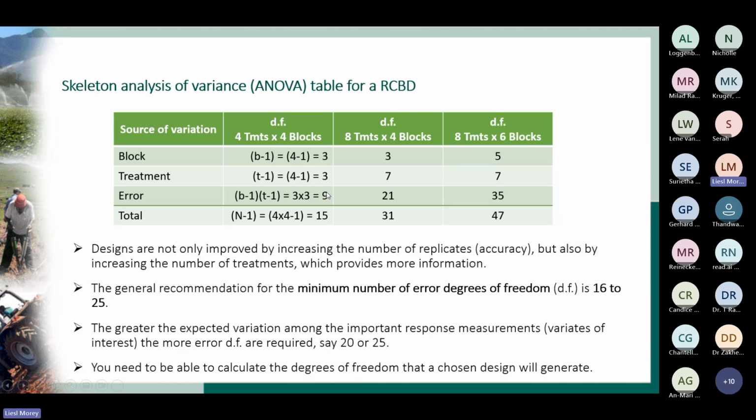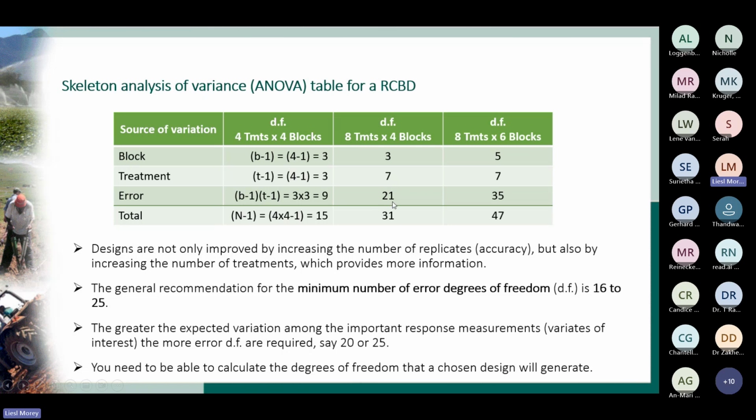So you can either increase the number of replicates or you can increase the number of treatments if you want to increase the number of degrees of freedom for error. So if we still keep it at 4 blocks, but now add another 4 treatments, now we have 8.